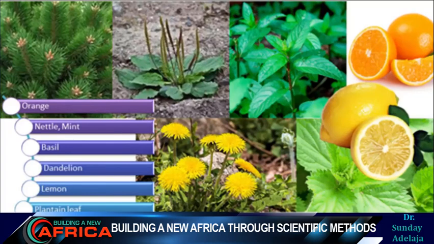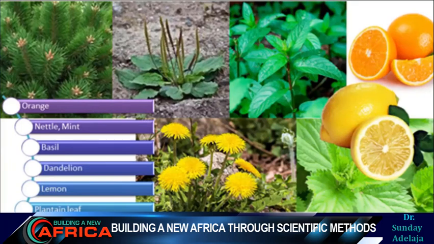And basil. Basil leaf. Show us. The one. Which one? Basil leaf. Okay, that other one is lemon.